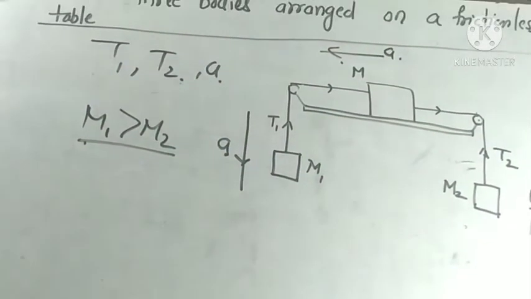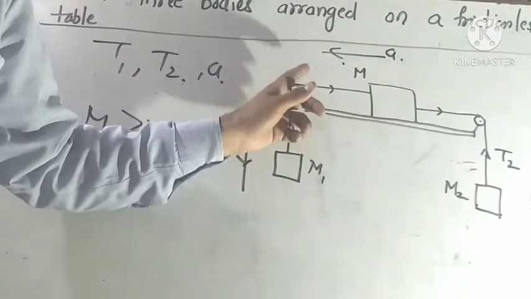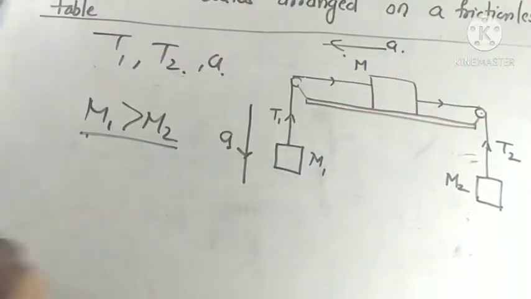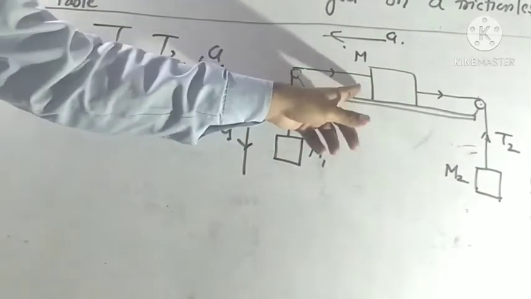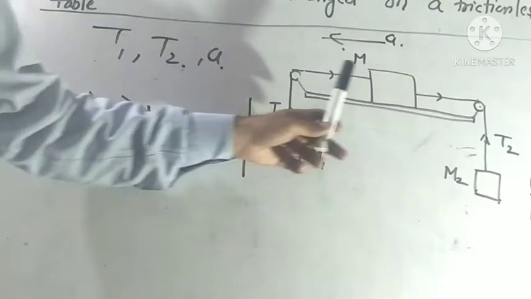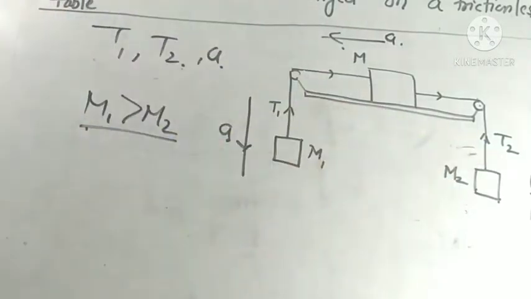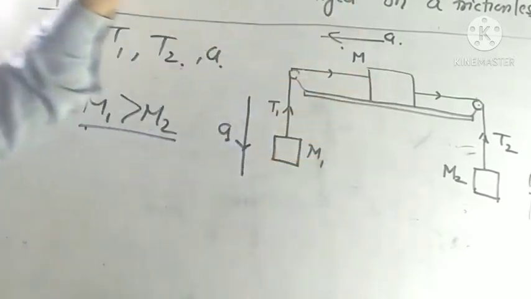Firstly, we take a table, and we take two pulleys connected at the edge of this frictionless table. We take three bodies having masses M1, M2 and capital M. The body of mass capital M is placed on the frictionless table, while the other bodies of masses M1 and M2 are connected with M through pulleys, and these strings have tensions T1 and T2.